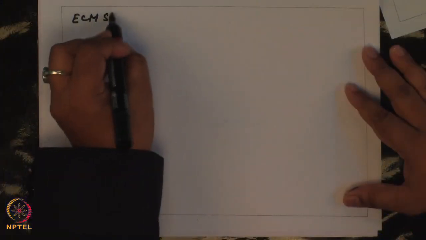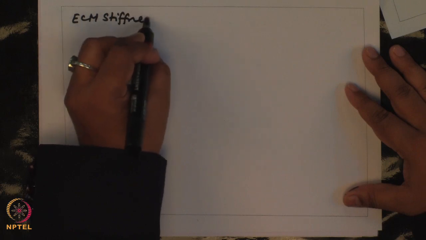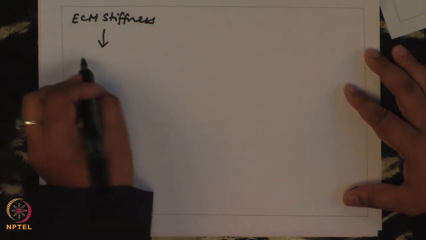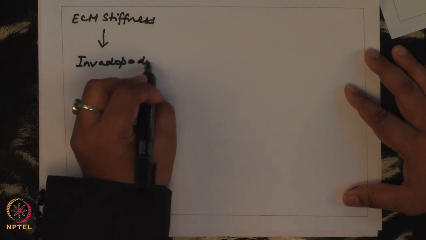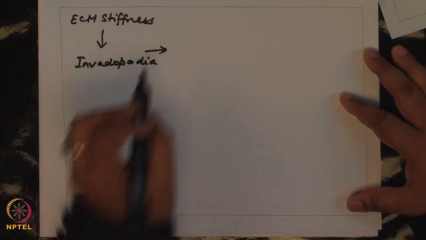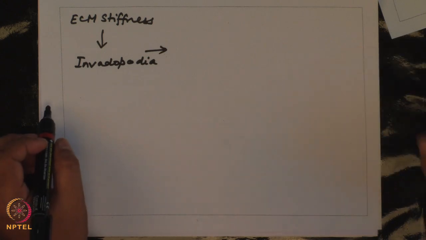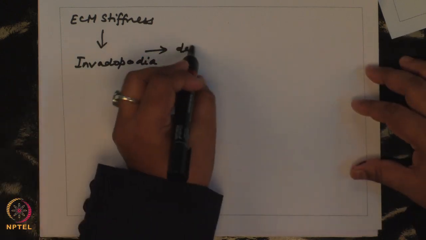I began discussing this paper by Valerie Weaver, who showed that ECM stiffness is correlated with invadopodia activity. These invadopodia are those invasive structures which locally degrade the matrix.